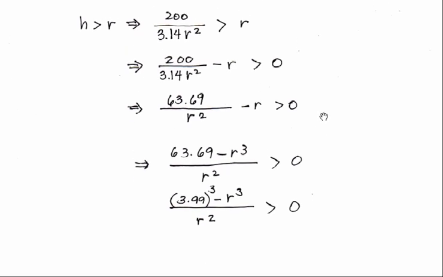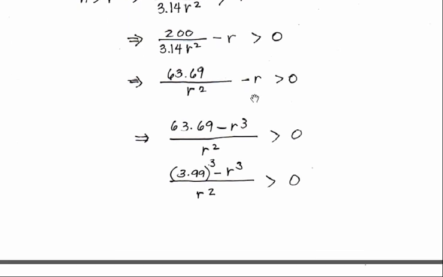Moving on, we have here 200 over 3.14 r squared should be greater than r. Then transpose this r to the left hand side, leaving the right hand side of this inequality to be 0. So we have 200 all over 3.14 r squared minus r.